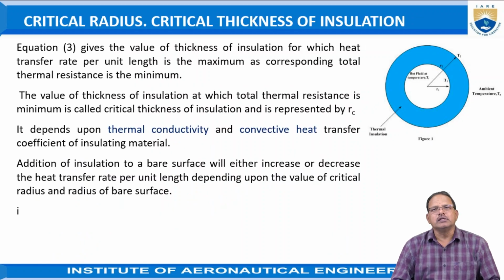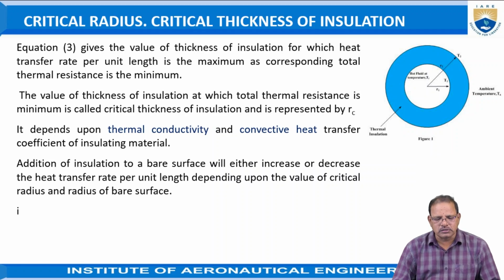This equation gives the value of thickness of insulation for which the heat transfer rate per unit length is maximum, as the corresponding total thermal resistance is the minimum. The value of thickness of insulation at which the total thermal resistance is minimum is called the critical thickness of insulation.